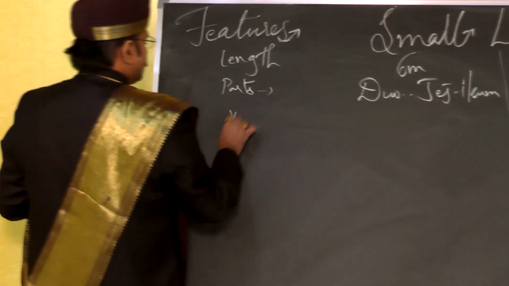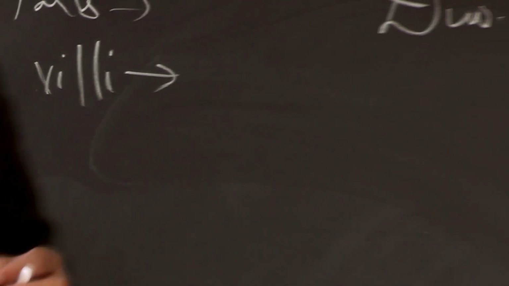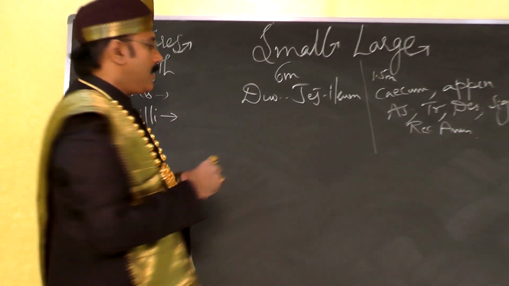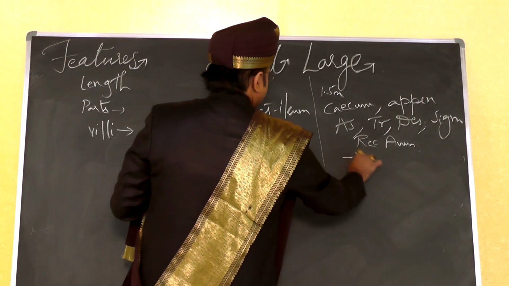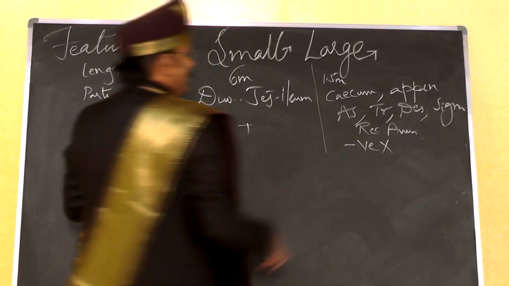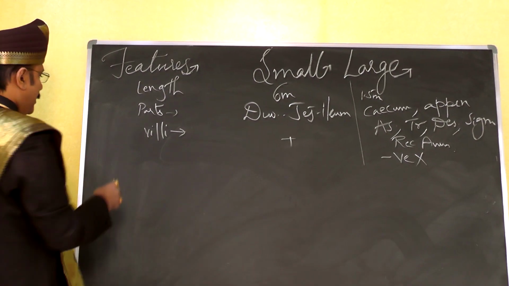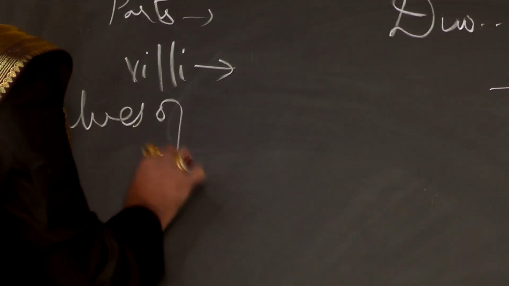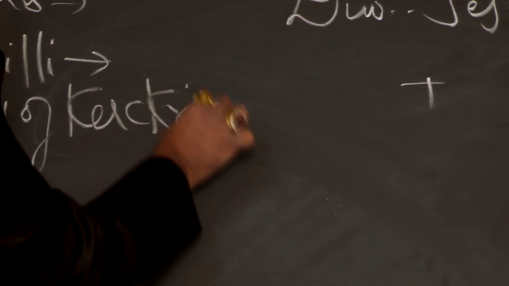Now you get the characteristic features of the small intestine. In the small intestine we have villi, the finger-like projections, which help in absorption of the food. In the large intestine, you don't have any villi; they are absent. And there are circular mucosal folds called valves of Kerckring in the small intestine.